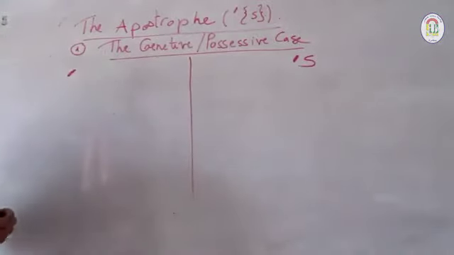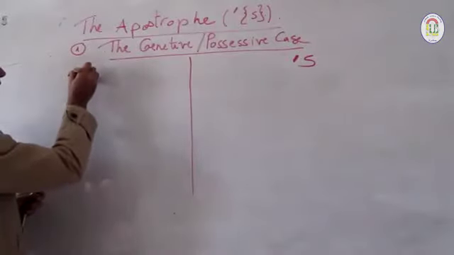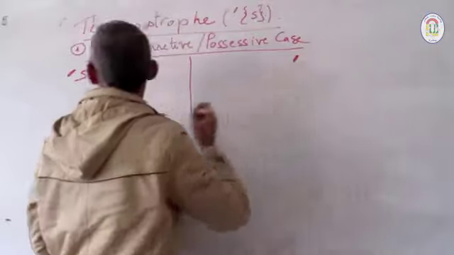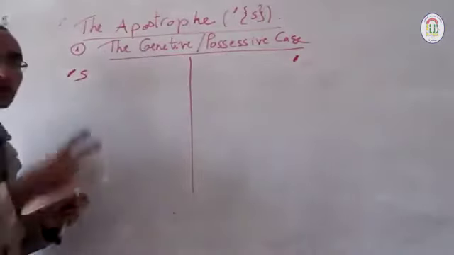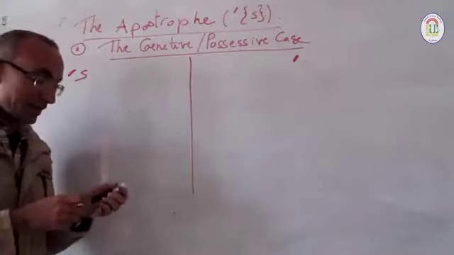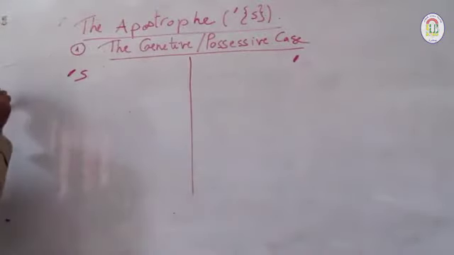Now, of course, we know that the apostrophe and S comes with two categories of nouns. So we use it with what?